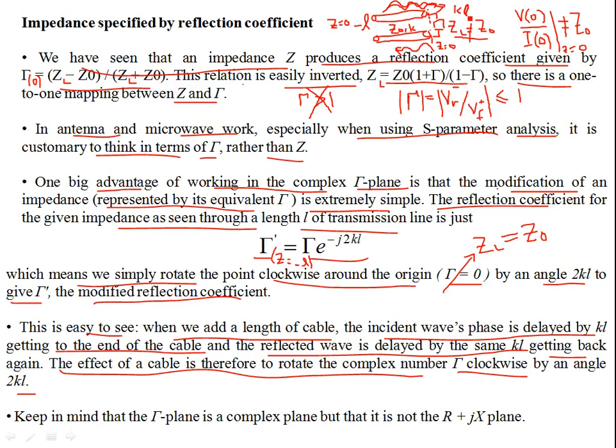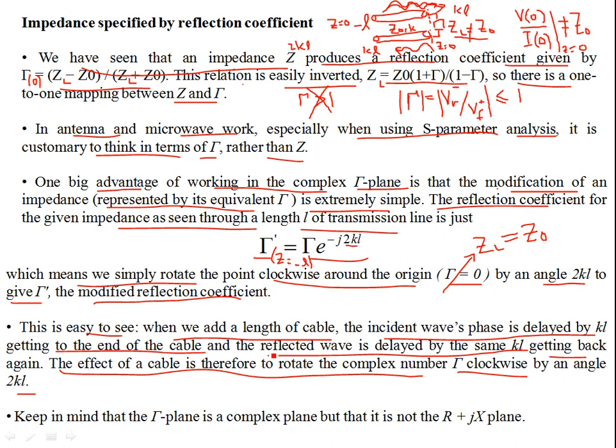Then when ZL is not equal to Z naught, there's a certain reflection coefficient, so there's a reflected wave, which again suffers another phase delay of kL. So the round trip is 2kL, kL plus kL. That is exactly what is happening here. So you have 2kL of phase difference. So if you add a length of cable, the incident wave phase is delayed by kL.